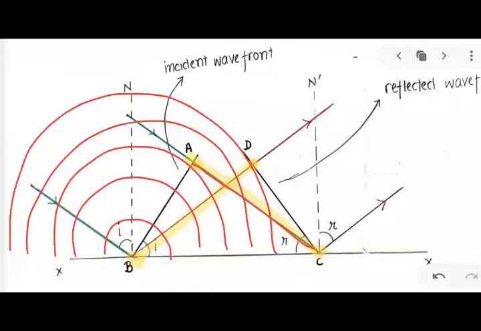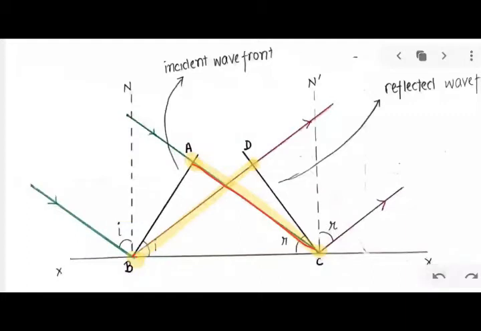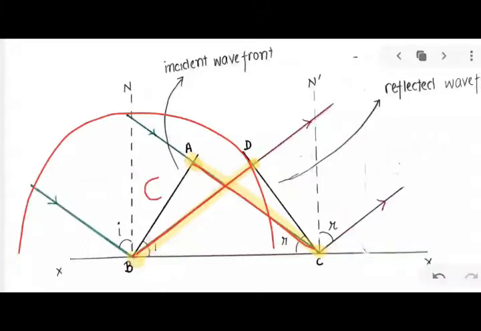Now it has started spreading like this. So what happens? It will spread at a radius of how much? This will spread at the radius of c times t.